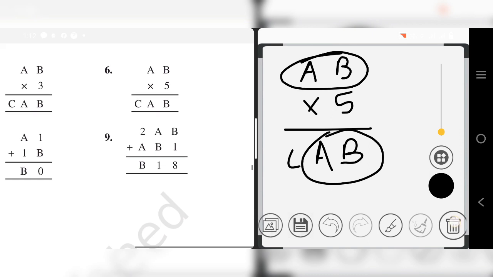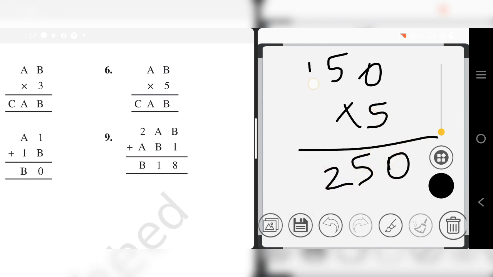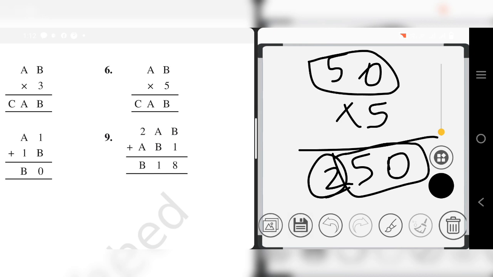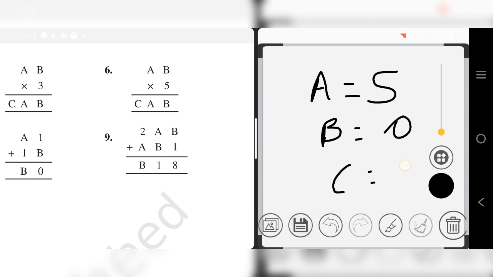So 55 is how much? We'll get 250. And the question and answer we got 50-50 as it is, and the 2 is extra. So we solved this problem. So the value of A is 5, B is 0, and C is 2.